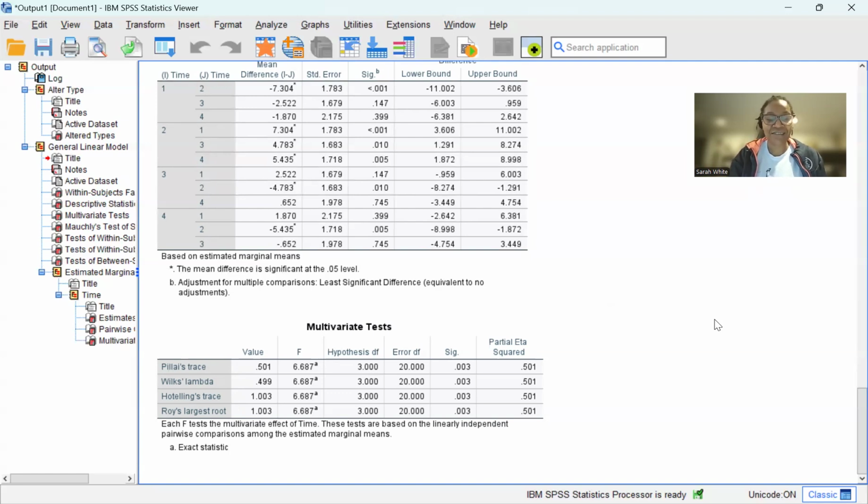There was a statistically significant effect of time on attitude, with F with 3 and 66 degrees of freedom equal to an F score of 5.68 and a p-value less than 0.01, with a partial eta squared of 0.50.